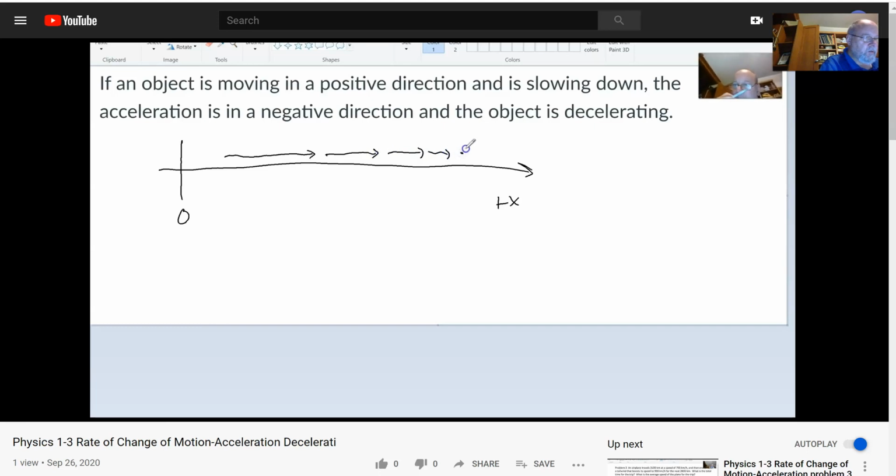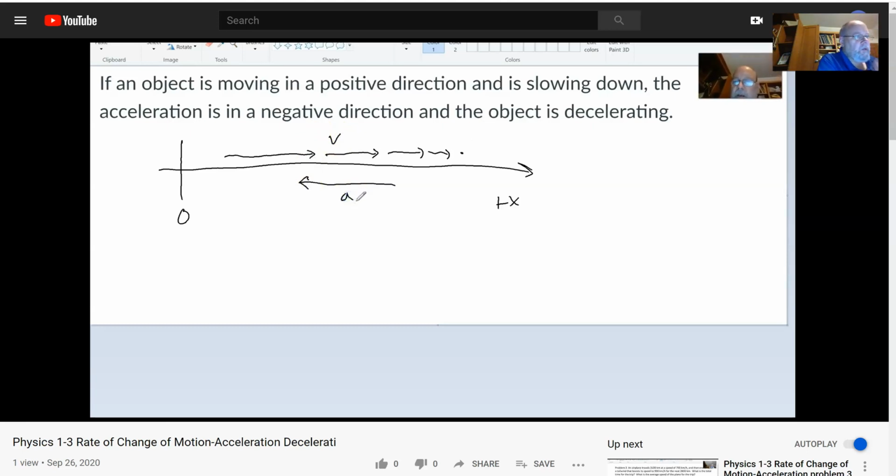So moving in a positive direction and slowing down, then the acceleration is in a negative direction and the object is decelerating. So velocity vectors are this way and acceleration is that way.